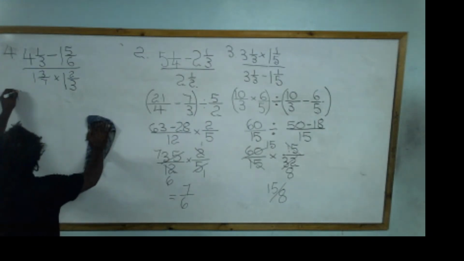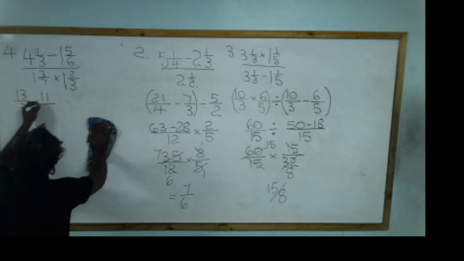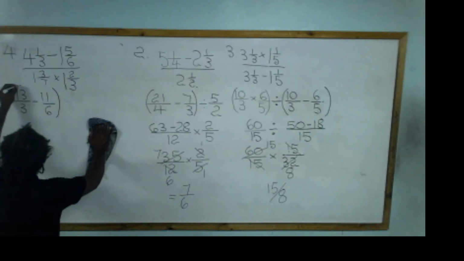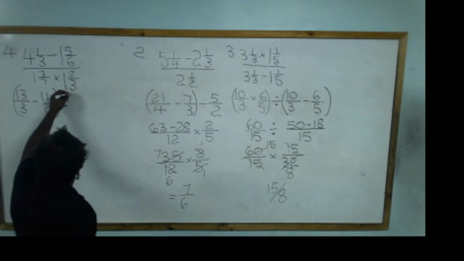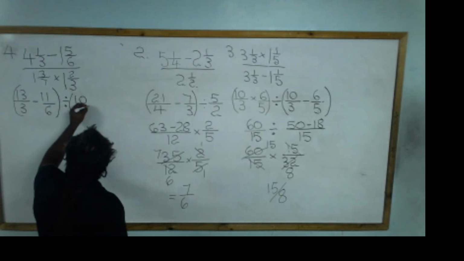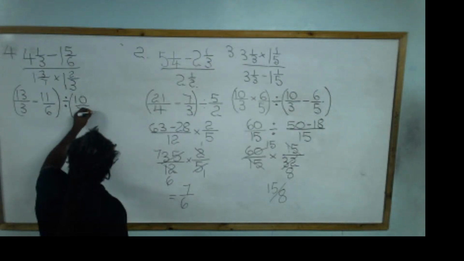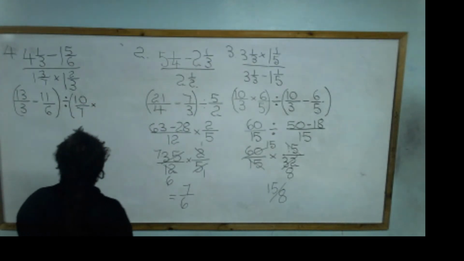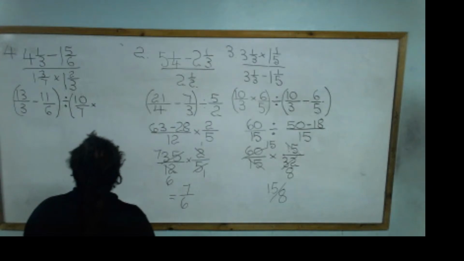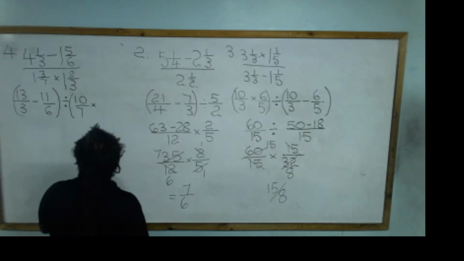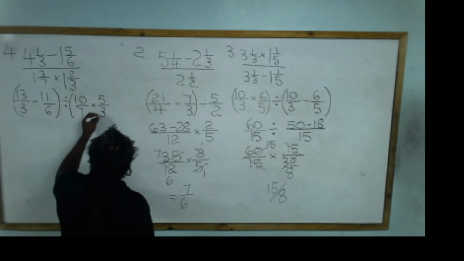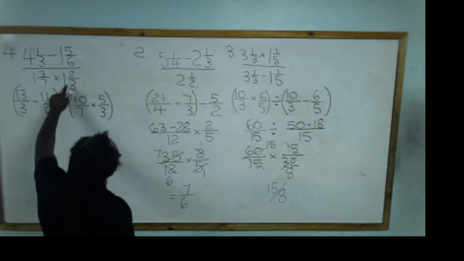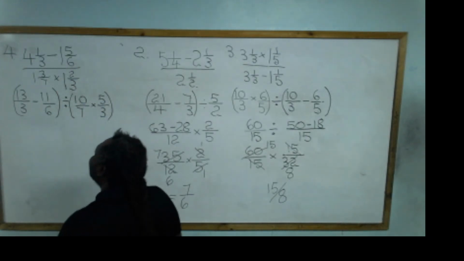So it's going to be 13 over 3 minus 11 over 6 to be divided by 10 over 7 times 5 over 3. 3 times 1 is 3 plus 2, 5 over 3. Nice.